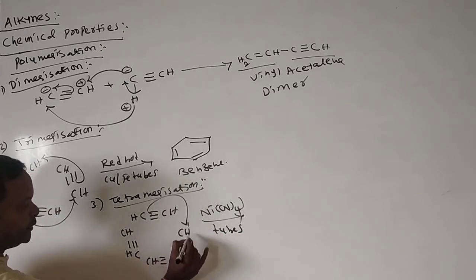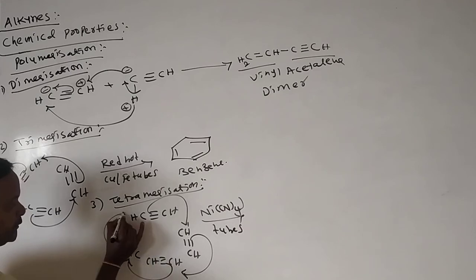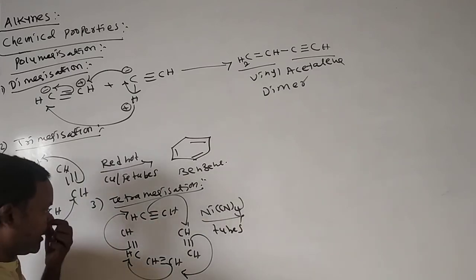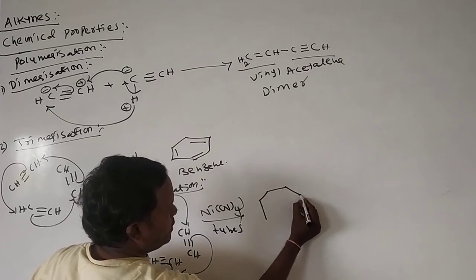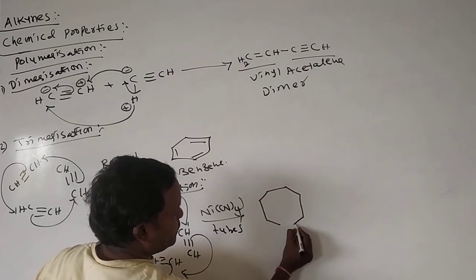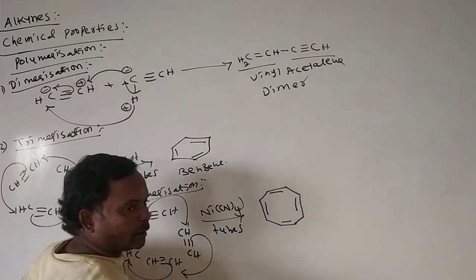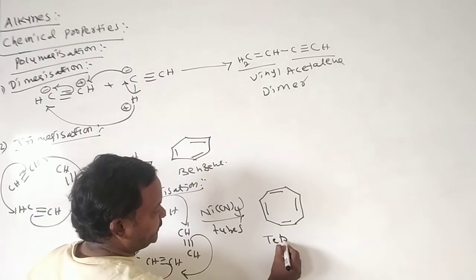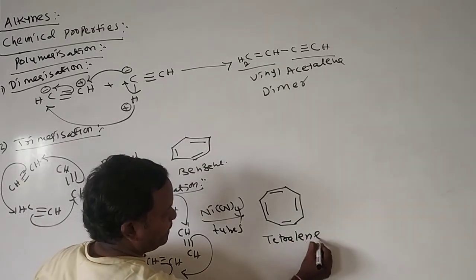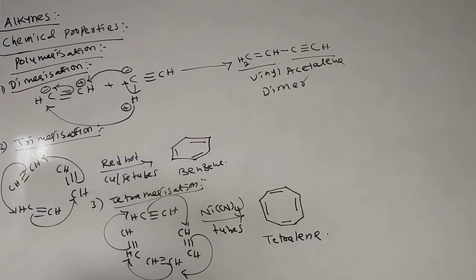This pi electron is transferred here, this pi electron is transferred here, this pi electron is transferred here, this pi electron is transferred here. Finally, we get this molecule. One, two, three, 4. All carbon atoms exhibit sp2 hybridization. This we call tetraene.